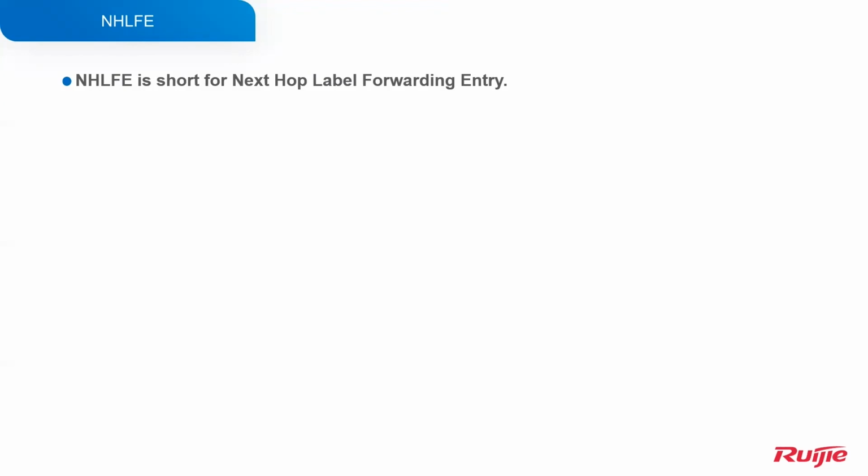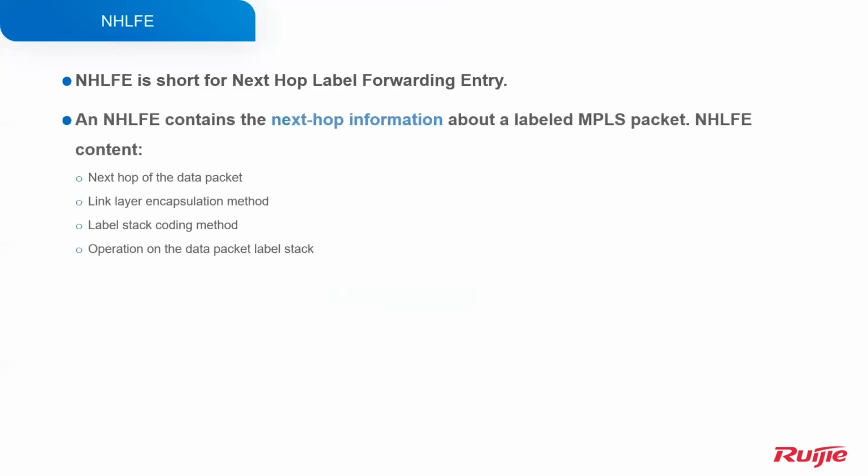This is short for next hop label forwarding entry. One forwarding entry contains the next hop information about the MPLS label, including who will be your next hop, right? Because you have to use the next hop to get the MAC address and then encapsulate the message successfully.